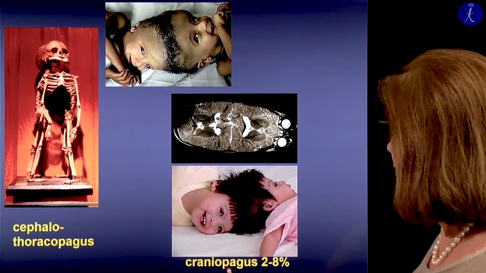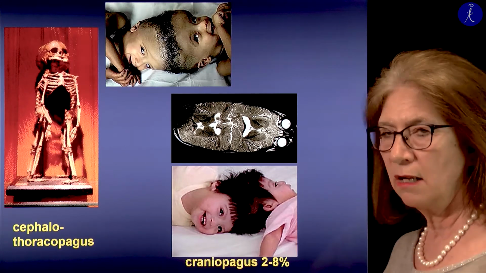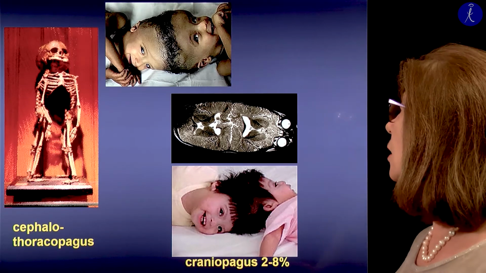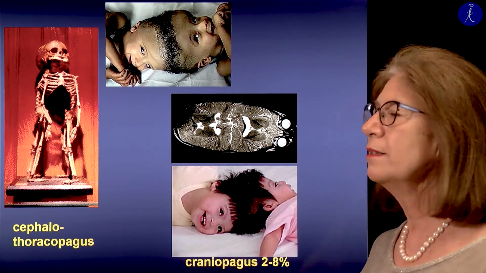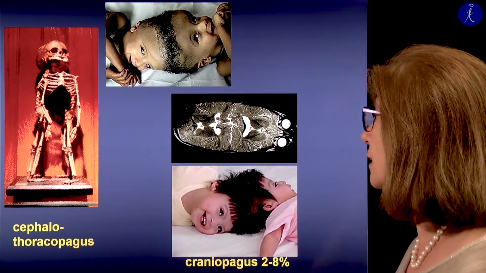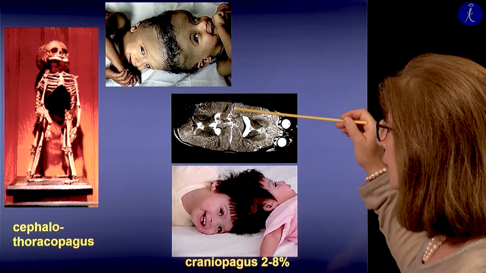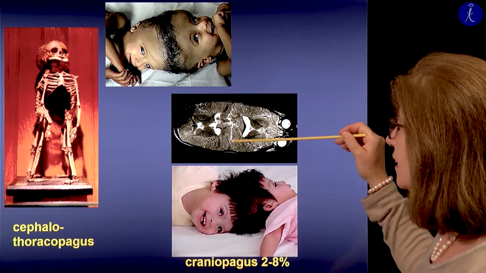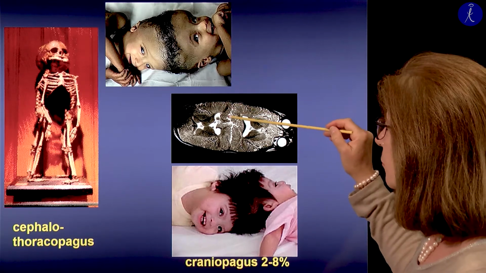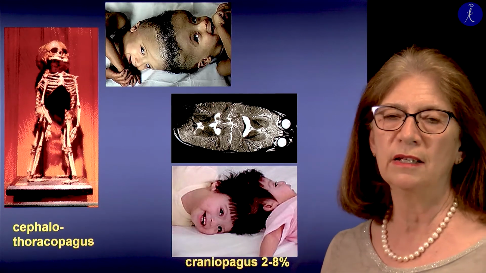Craniopagus, the Craniopagus twins, are not that common, but they also survive quite well. Nowadays, there are methods already for separating them. It's not that easy because not the brains are joined in this malformation, but the venous system. So they have one skull with two brains, and in between here, the venous system is a common system.